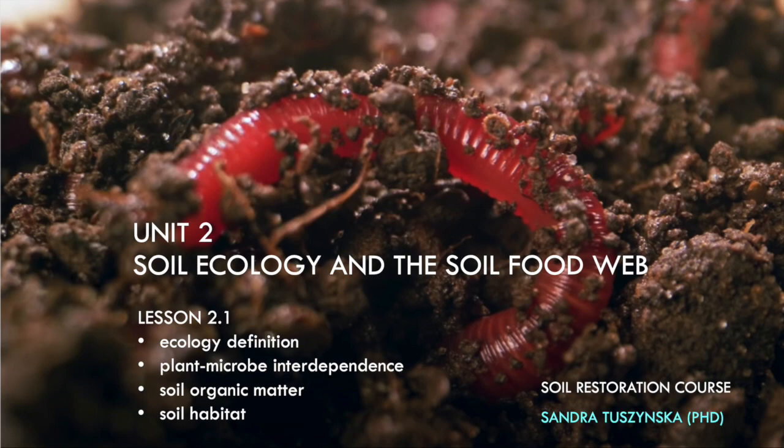We'll talk about the plant-microbe interdependence, the importance of those two components of the ecological community to function well together, as well as the soil organic matter and how it influences that plant-microbe interaction, how important it is in feeding organisms, but also in how it helps to form the soil habitat. So we'll end the lesson on soil habitat and what that habitat should look like in order to support optimum plant growth. Okay, let's jump into lesson 2.1.